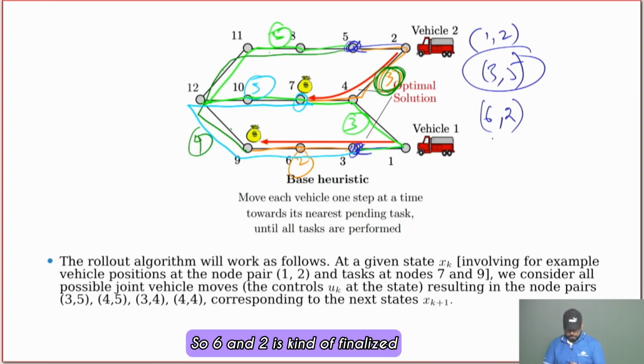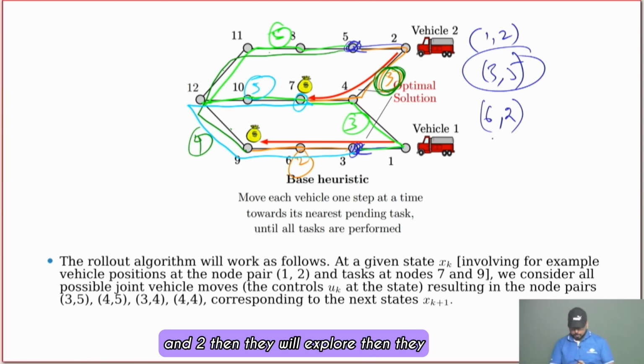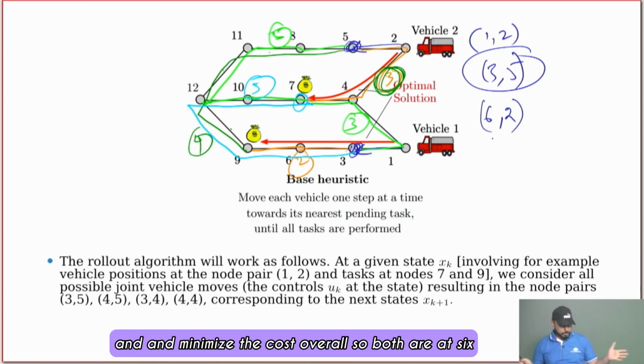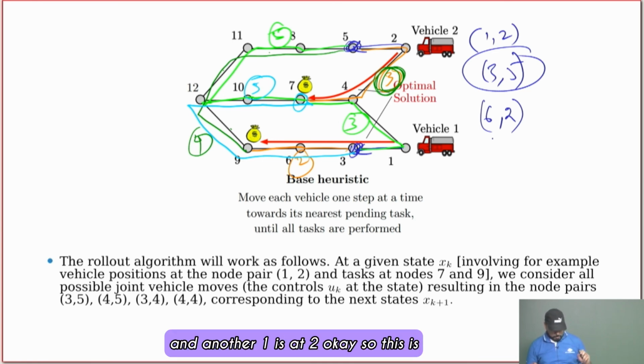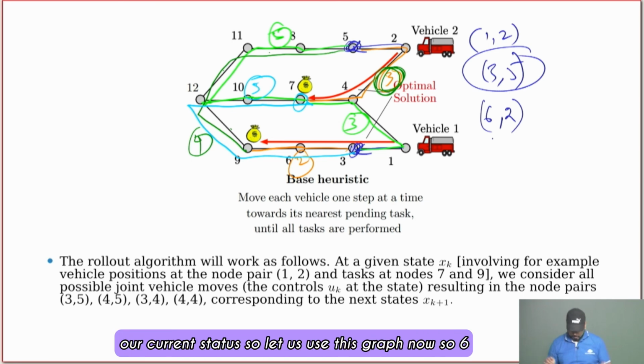So 6 and 2 is finalized, and then while remaining at 6 and 2, they will do a further one step look ahead and minimize the cost overall. So one is at 6 and another one is at 2. Okay, so this is our current status.